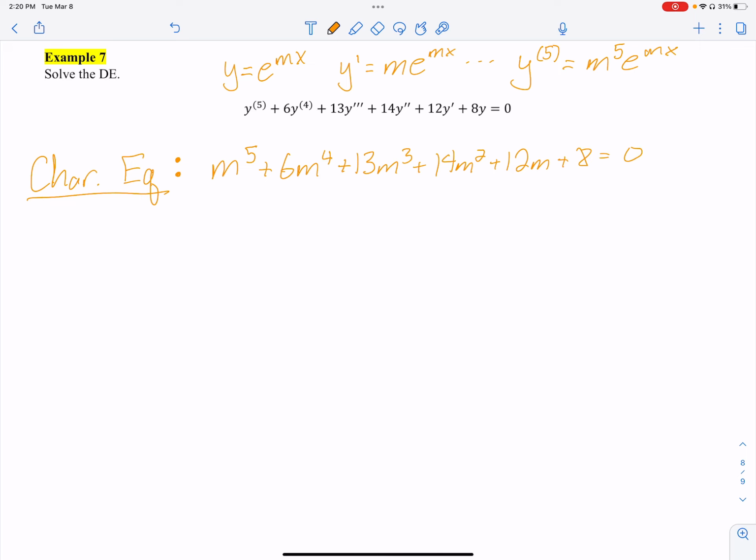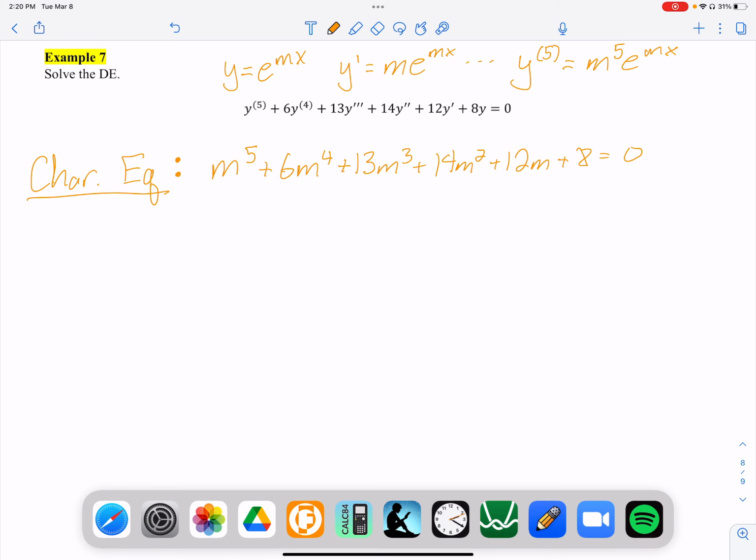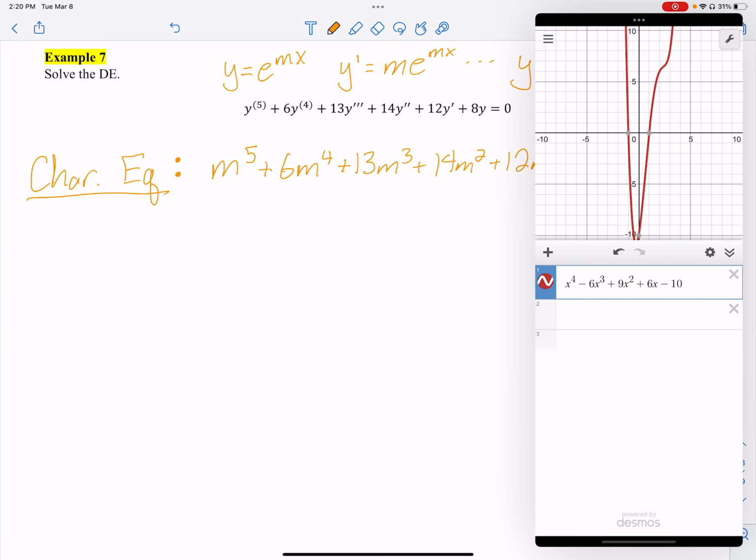So notice, we probably aren't going to do any kind of factoring to get to this. So we're actually going to use Desmos again. Let me pull up Desmos the way I had it so I can just type it.